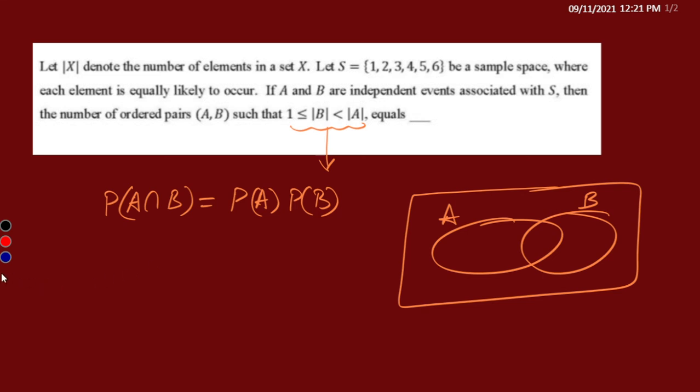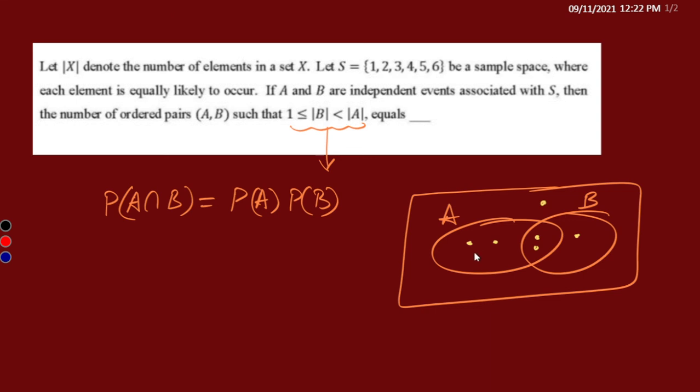In how many cases does this happen? The first case has to be done case-wise. The first case that we come across is when we have 4 elements in A and 3 elements in B and 2 elements in common, somewhat like this. So the sixth element is here.